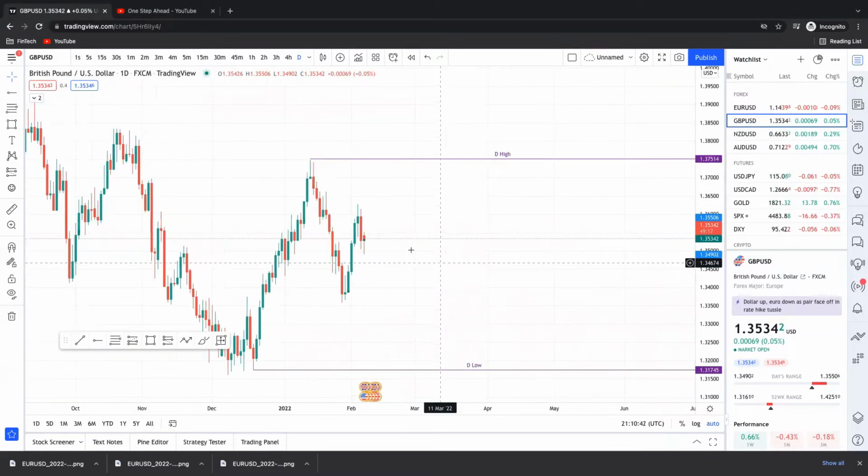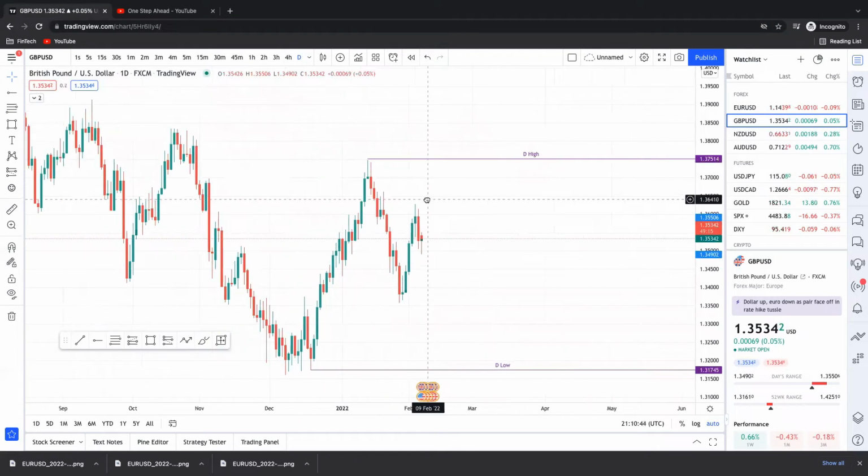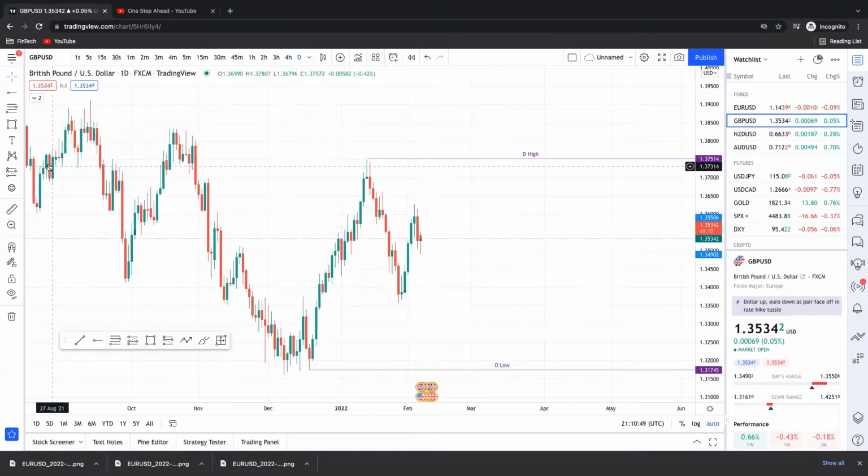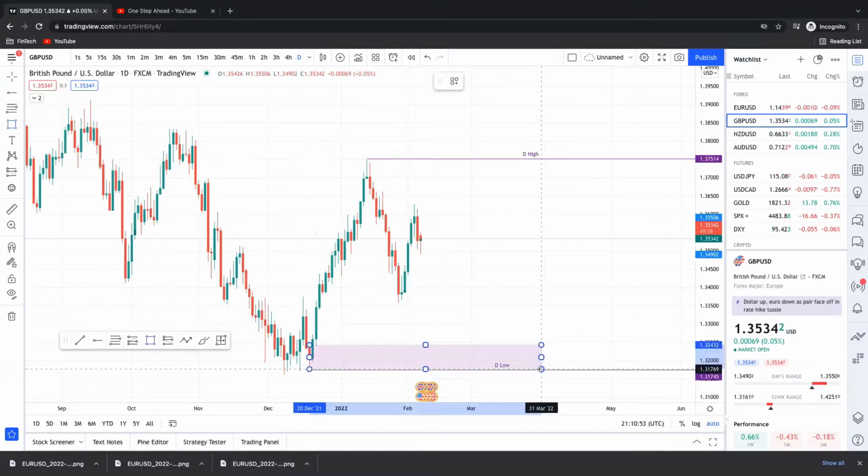Okay, now we are in this range, and we're looking to at least buy from this order block.